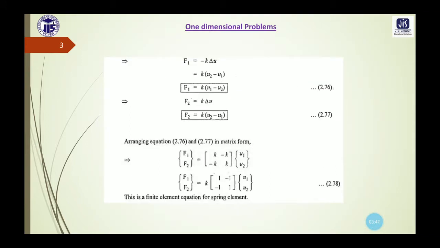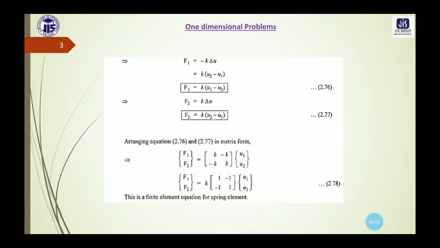So that means F1 equals to minus K delta U, which is K into U2 minus U1. So that means F1 can be written as K into U1 minus U2, which is our equation number 2.76. Next, F2 can be represented as K delta U. So that means F2 equals to K into U2 minus U1.